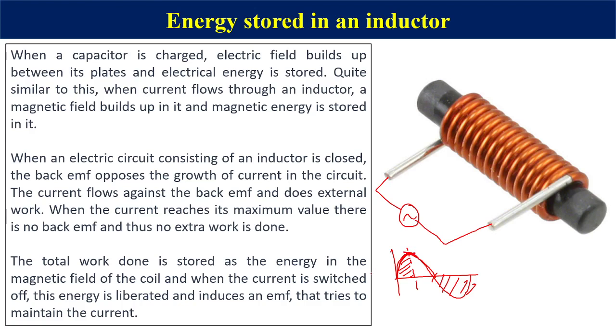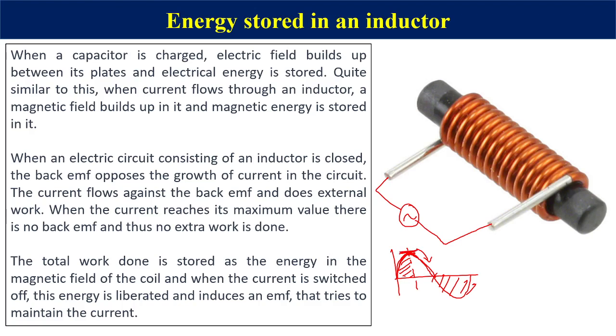So whenever the current is falling, the EMF will change direction and it will oppose this fall of current also. That is a typical characteristic of the induced EMF, that it opposes both the increase of current and the decrease of current. But at the point at which the current is maximum, the induced EMF is zero.